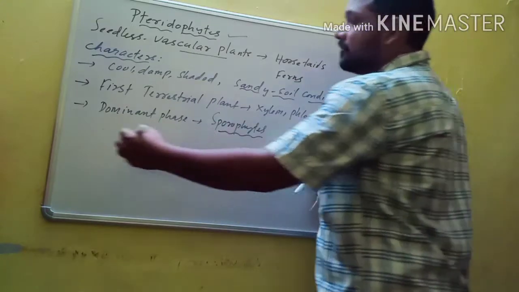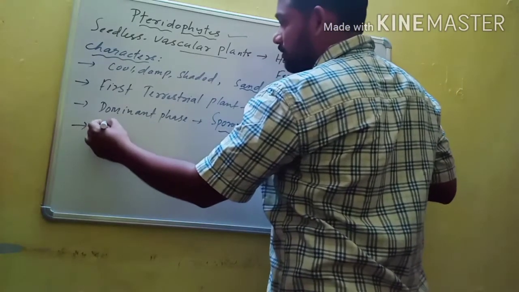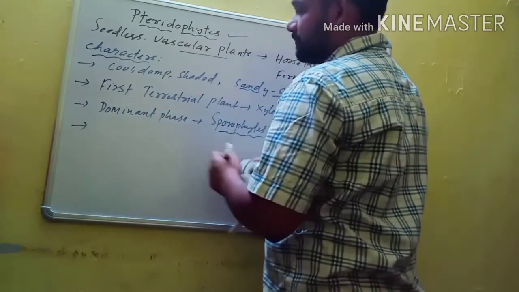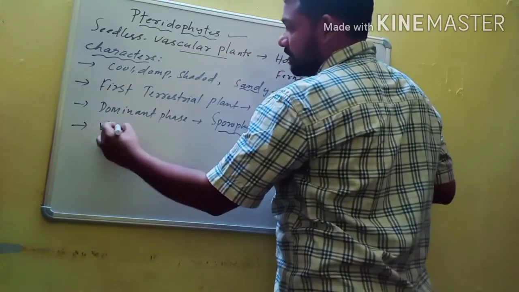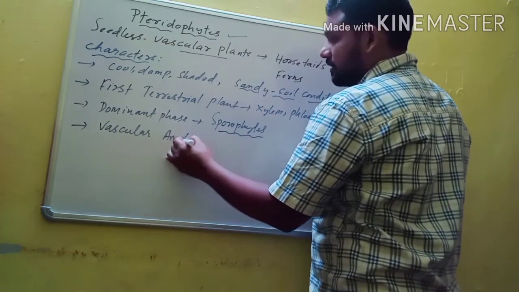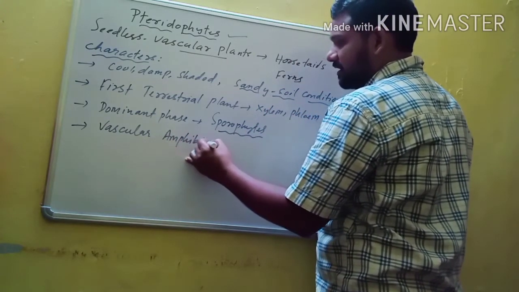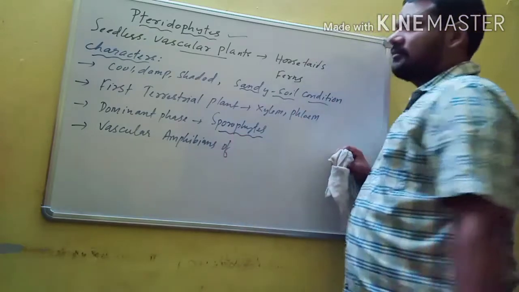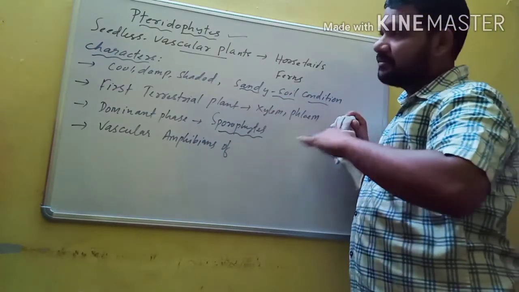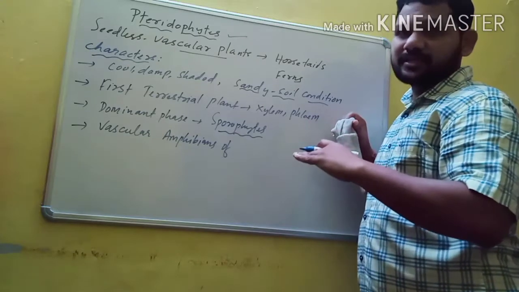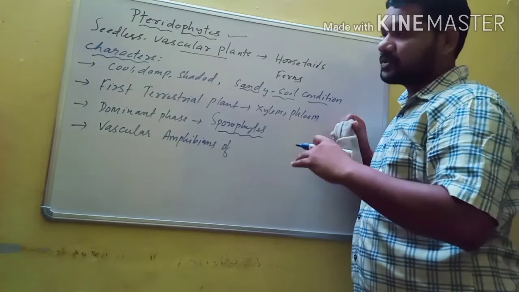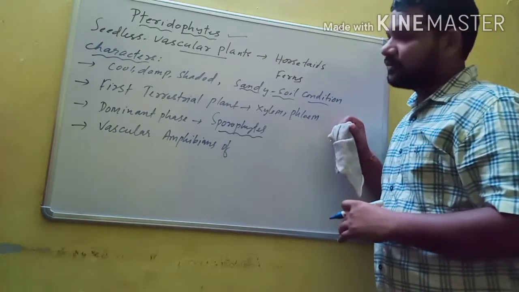Pteridophytes are also called amphibians of the plant kingdom, or vascular amphibians. They can easily live in soil conditions, but they are also dependent on water for sexual reproduction, similar to bryophytes.